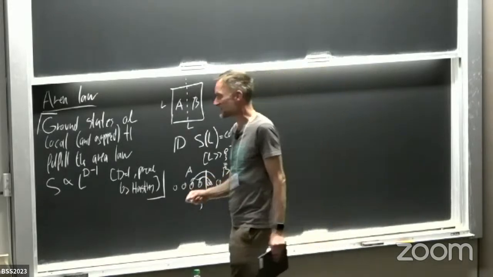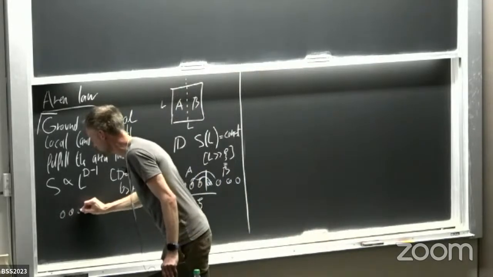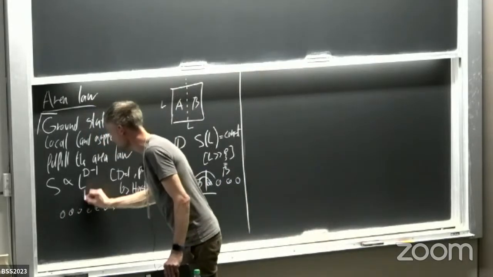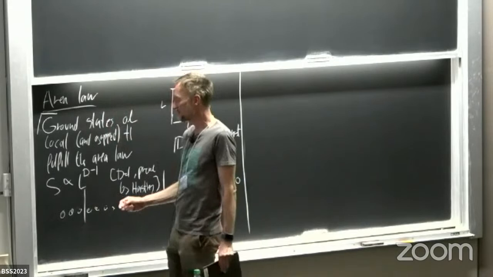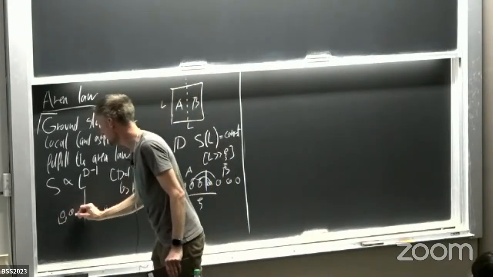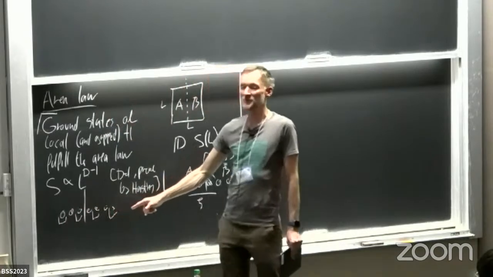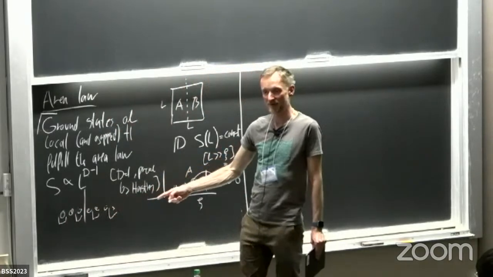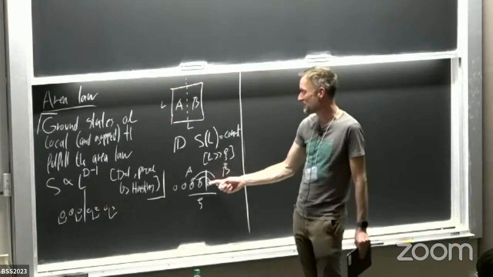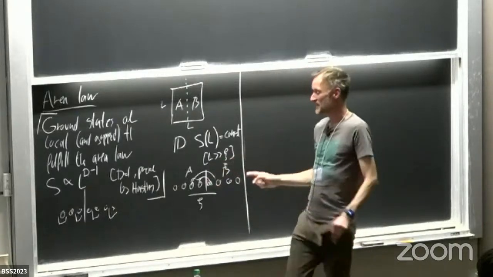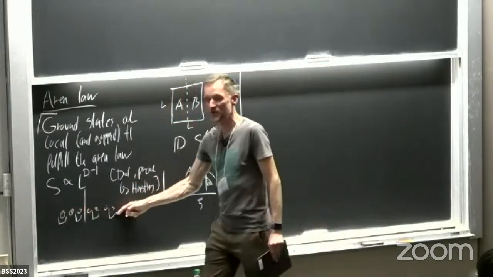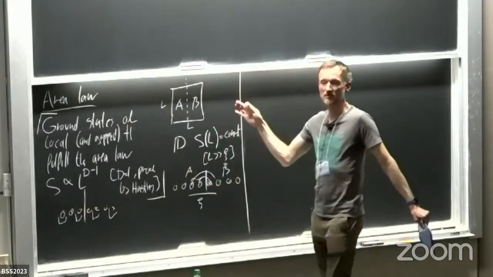That's why I was careful to define my partition as a contiguous partition, where we cut the system into two halves. If instead you were to do a partition with, say, A sites and B sites, then we would find a volume law. And you can argue why this is the case: within the correlation length, you just add more and more entanglement as you make the system larger.